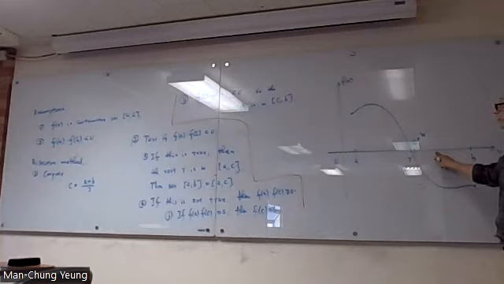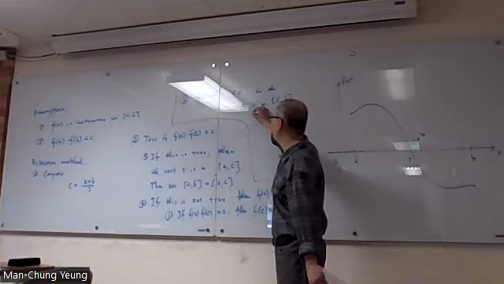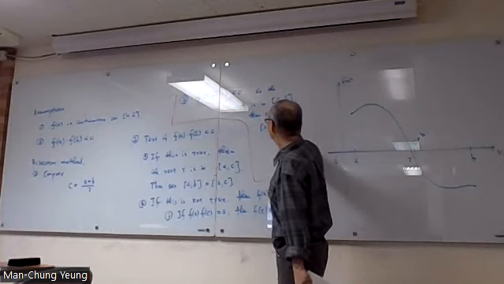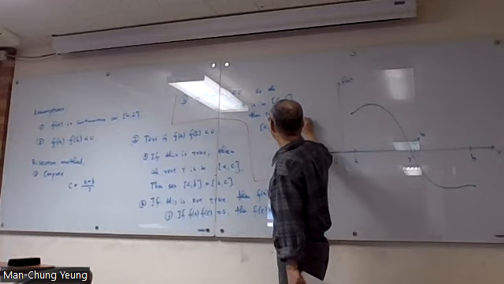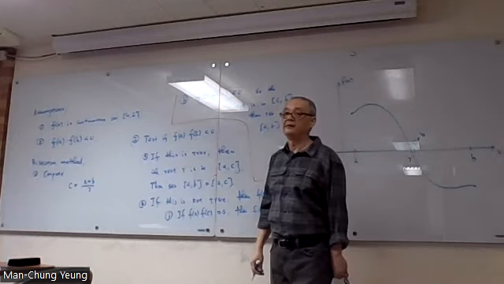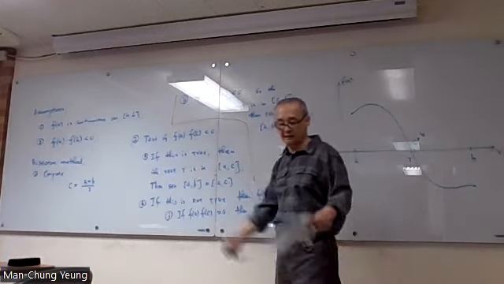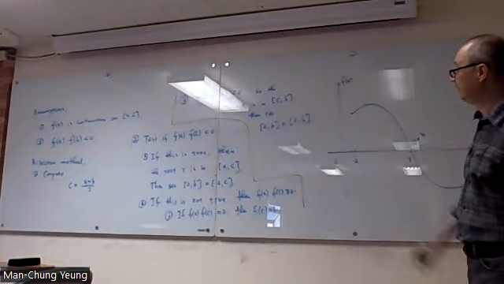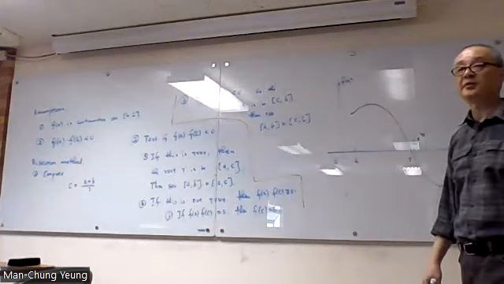Then we say the new AB is CB for the next step. This is one step of the bisection method.